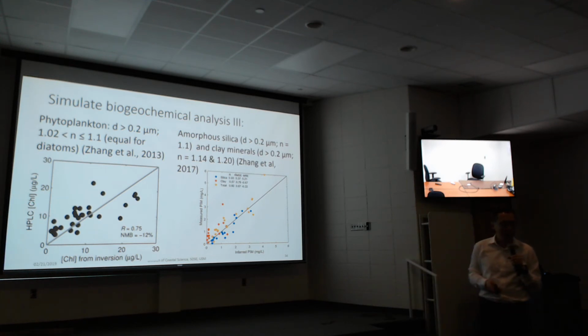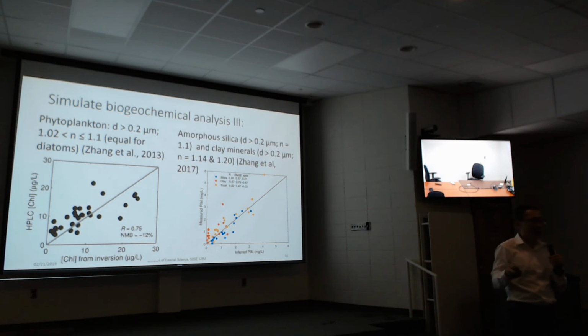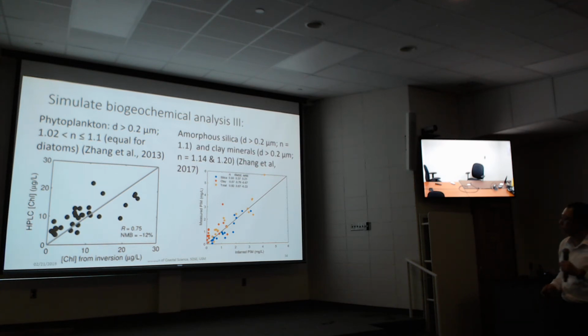Typically, phytoplankton in this optical modeling have size greater than 0.2 micron and index from 1.02 to less than or equal to 1.1. And this 1.1 represents diatom, the shell of the diatom. So if we pick those particles out, we estimate their chlorophyll concentration and compare to the HPLC determination. Again, you can see the agreement is pretty nice.